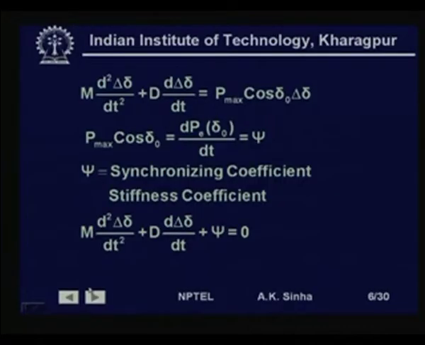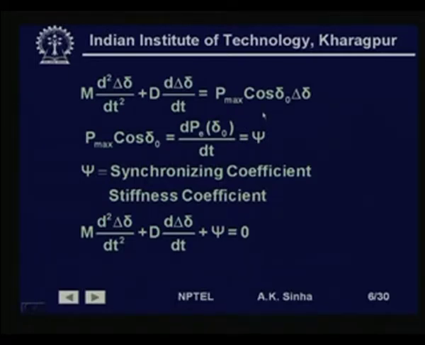Therefore, now we are writing this expression as m d2 delta delta by dt2 plus d d delta by dt plus psi is equal to 0. That is, we are writing the characteristic equation for this relationship.